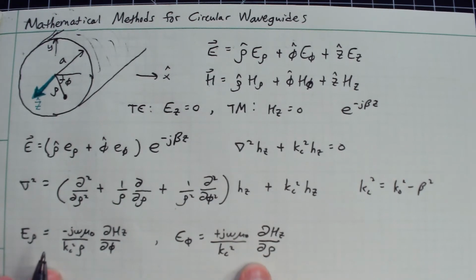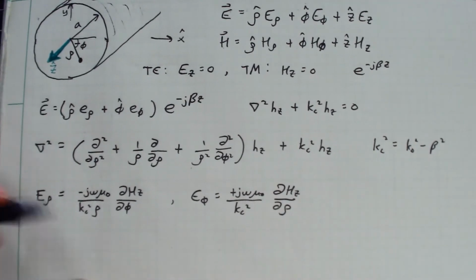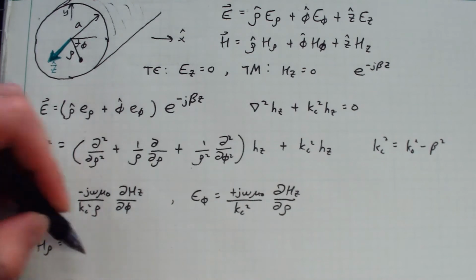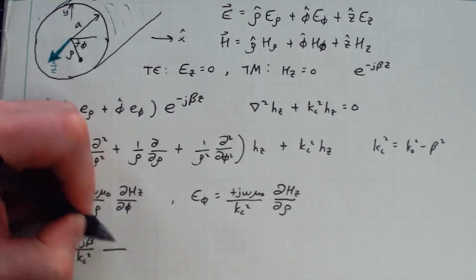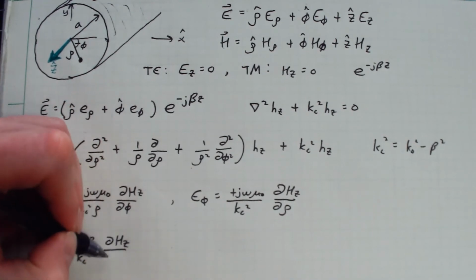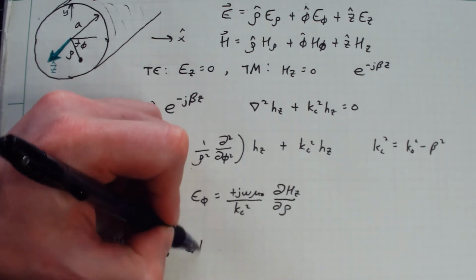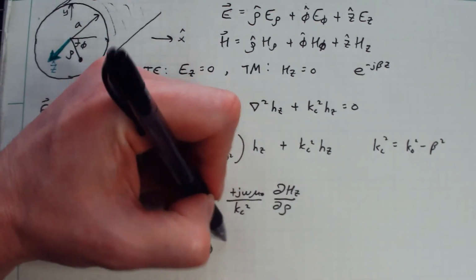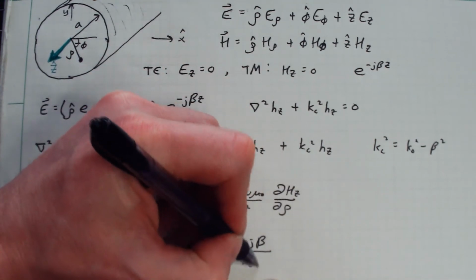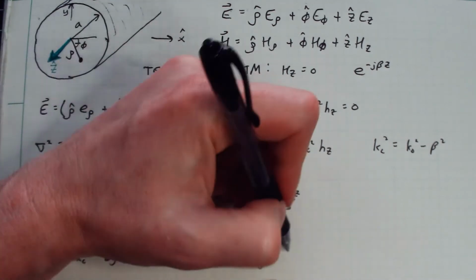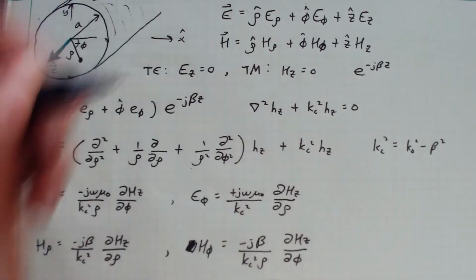That's just one of the consequences of using polar coordinates rather than rectangular. And then you do a similar argument. H sub rho is equal to minus j beta over k sub c squared partial h sub z with respect to rho, and then my h sub phi is equal to minus j beta over k sub c squared rho, and then there will be a partial h sub z with respect to phi.